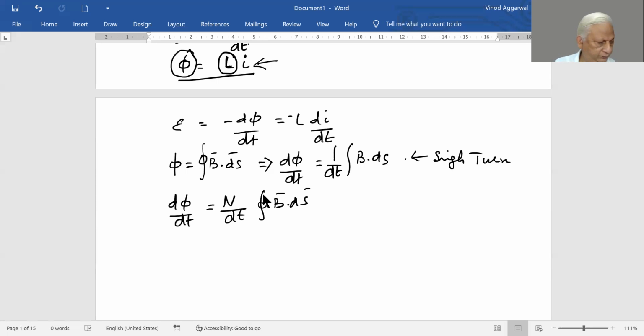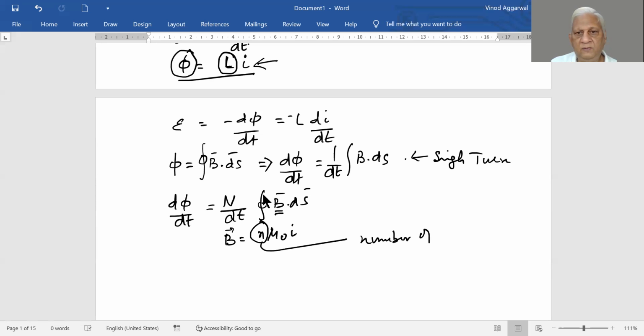Now, if we talk about a solenoid, in a solenoid we know B is given as n mu naught I, where n is the number of turns per unit length.